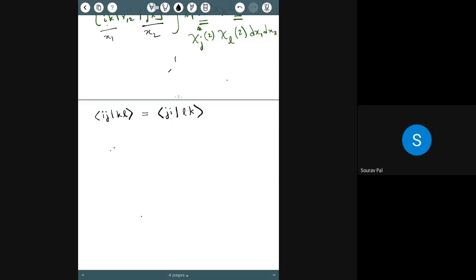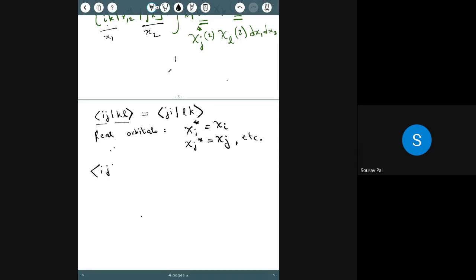Then if you have real orbitals, then chi I star equals chi I, chi j star equals chi j, etc. So then you can have even more symmetries. So then this and this are equal.